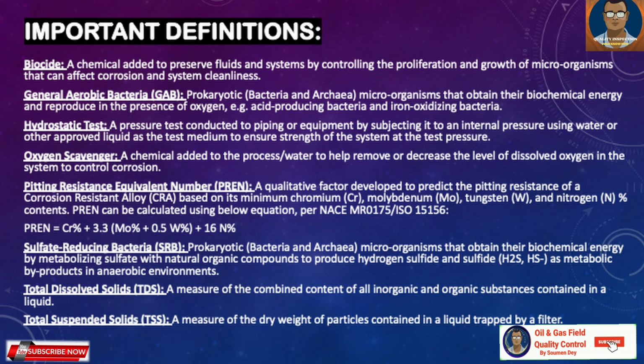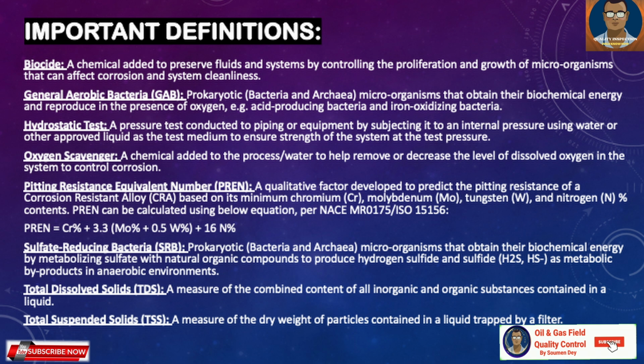Pitting resistance equivalent number, PREN: a qualitative factor developed to predict the pitting resistance of a corrosion resistant alloy, or CRA, based on minimum chromium, molybdenum, tungsten and nitrogen contents.